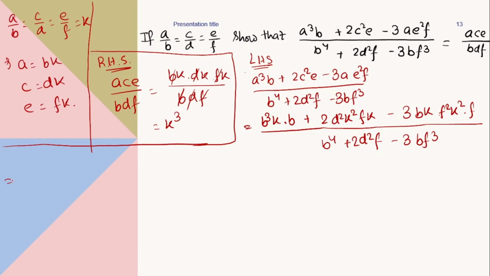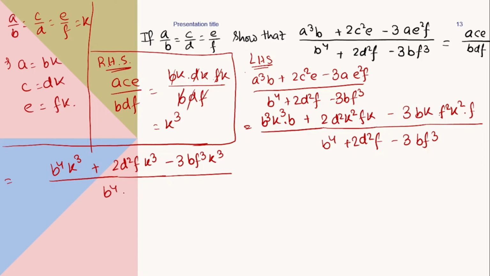So the numerator can also be written as B power 4 K cube plus 2D square F K cube minus 3B F cube K cube, divided by B power 4 plus 2D square F minus 3B F cube.